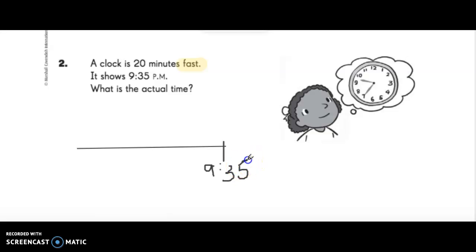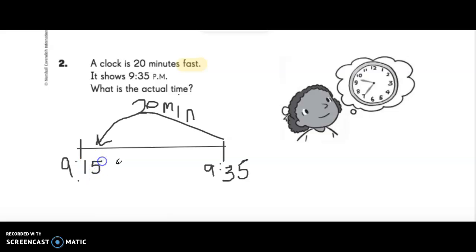And since this one is just 35 minutes, we can subtract 20 very easily. So we can do this as one jump back of 20 minutes. And that would bring us to 9:15 p.m.